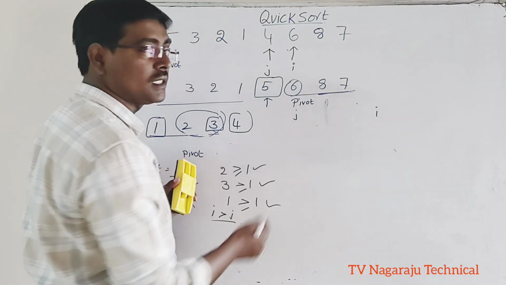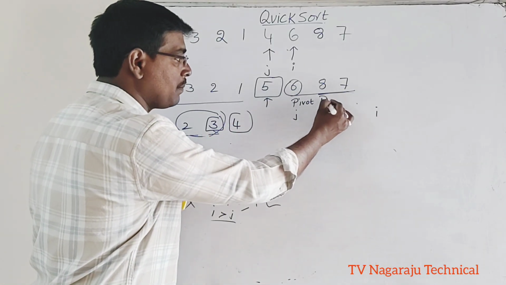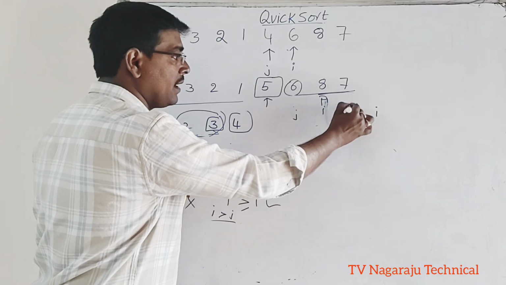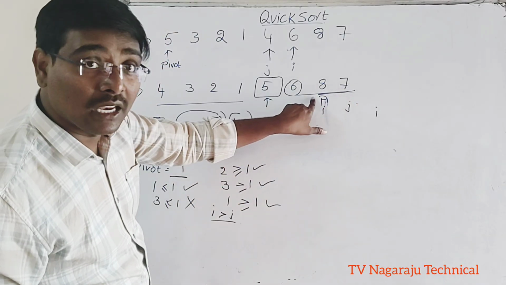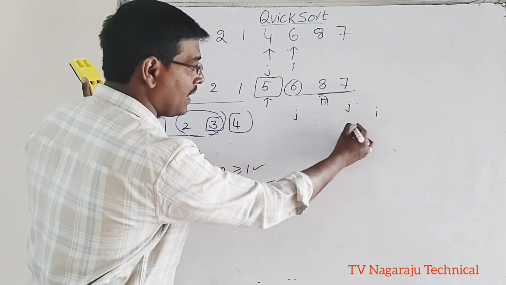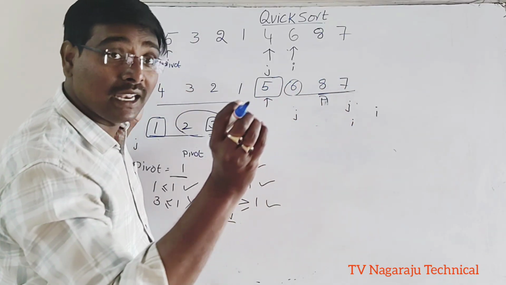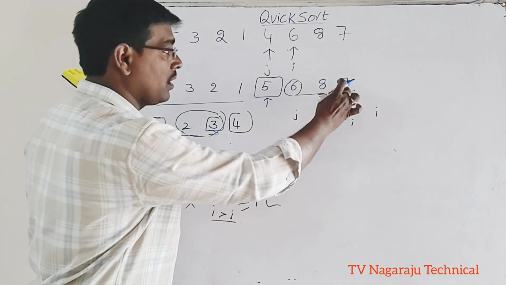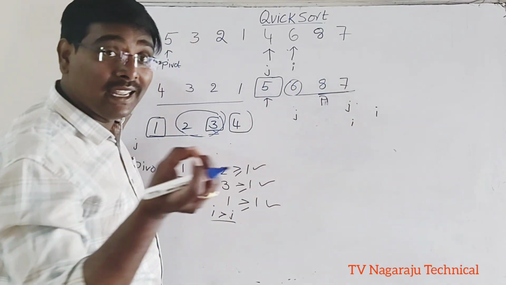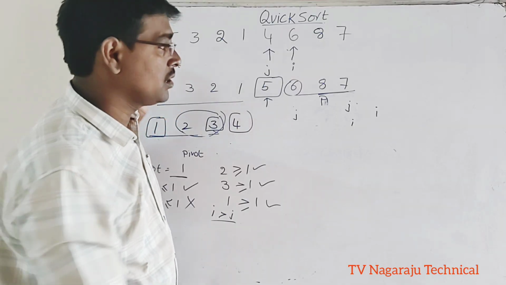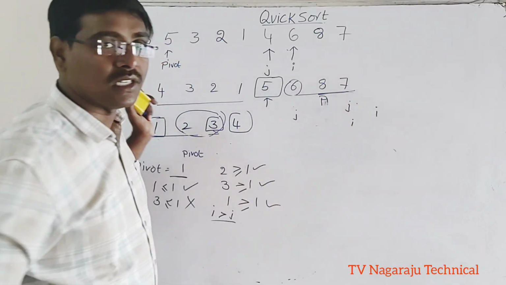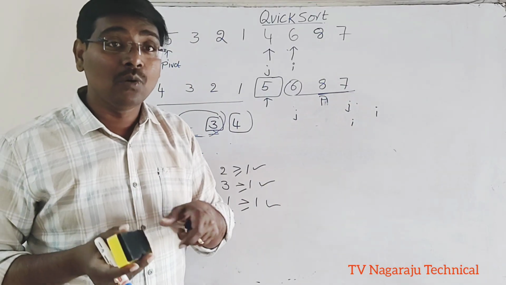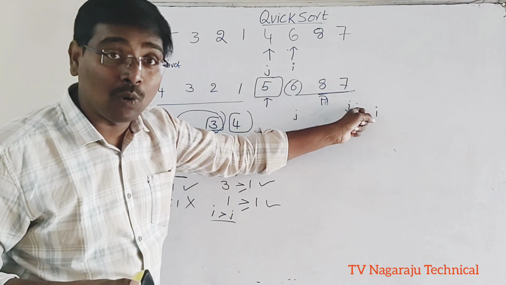Finally, 2 elements. Again the same. This is the pivot element, and I and j. 8 less than or equal to 8. I is here. 7 less than or equal to 8. Condition false. Now 7 greater than or equal to 8. Condition false. J is here. I less than or equal to j. It is equal.